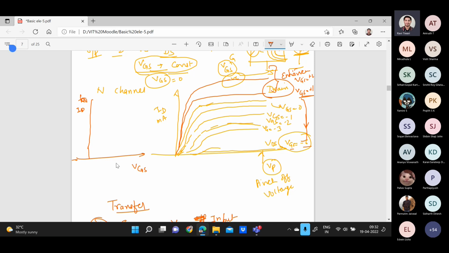Here you have to take the positive values, and here you have to take the negative values.